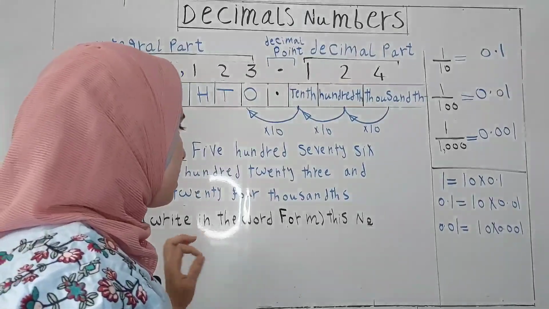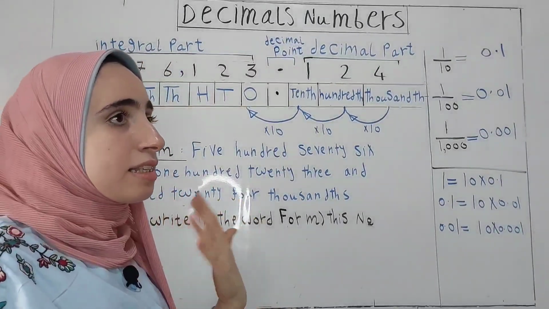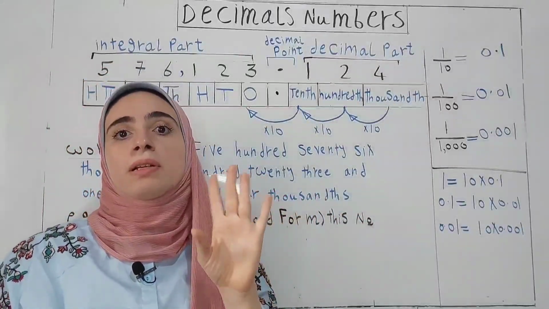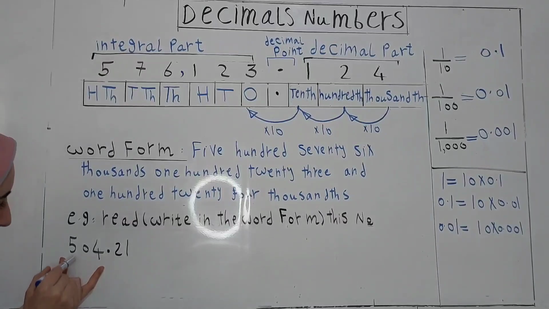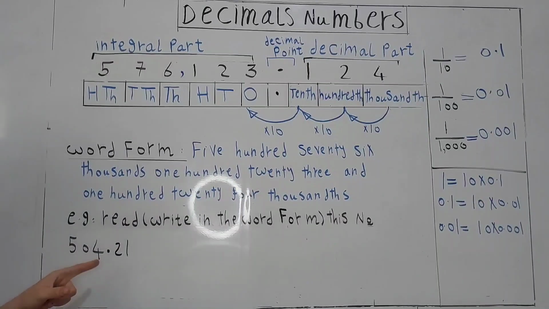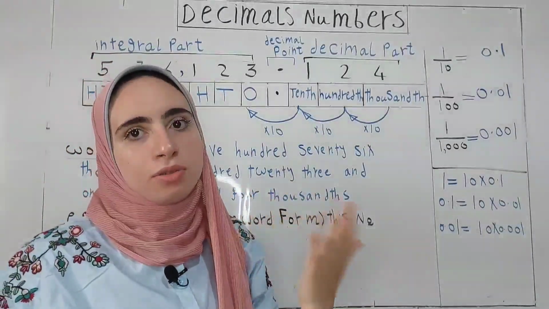Let's take another example. We need to read these numbers. At first, we read by the simplest way. We read the whole number as it is, 504.21. This is the simplest way.